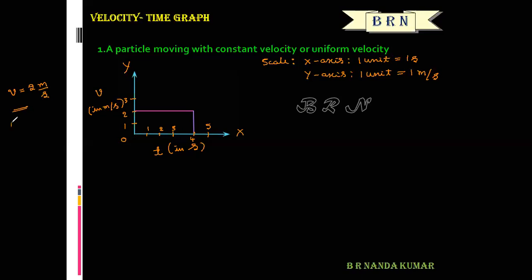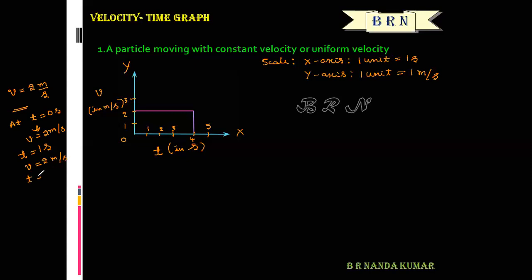That means at time t equals 0 second, what is the velocity of the particle? The velocity of the particle is 2 meter per second. And at time t equals 1 second, what is the velocity of the particle? It is moving with constant velocity, meaning the velocity does not vary. That is, v equals again 2 meter per second.